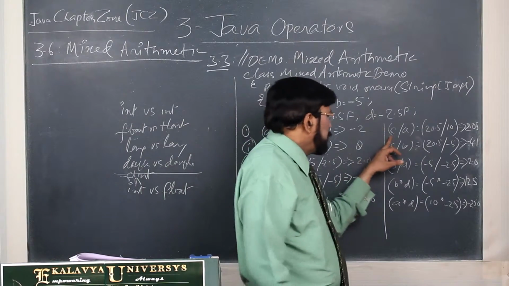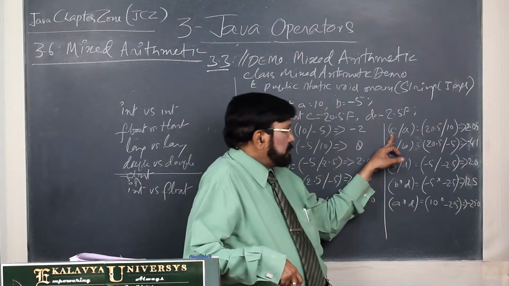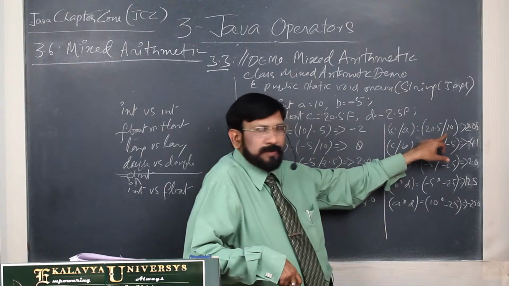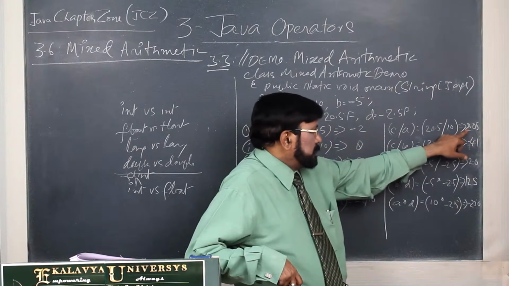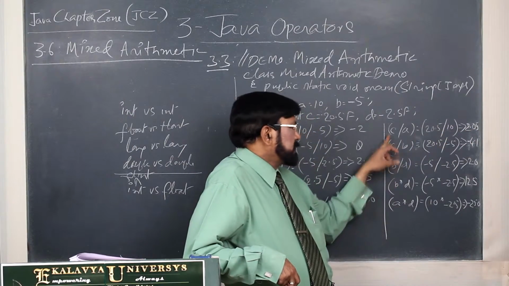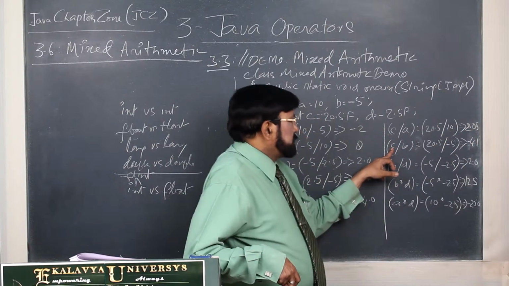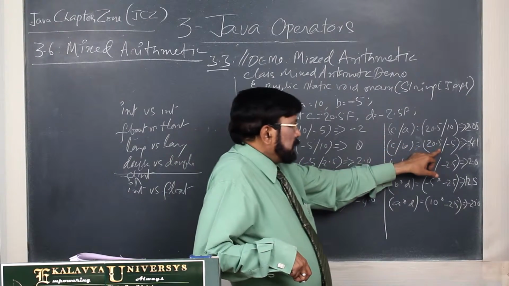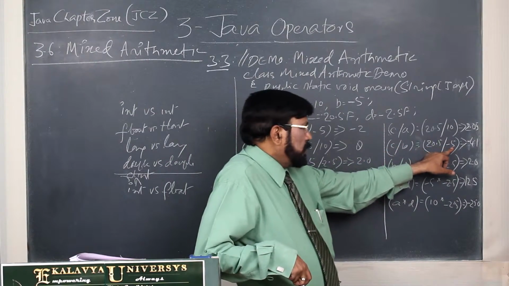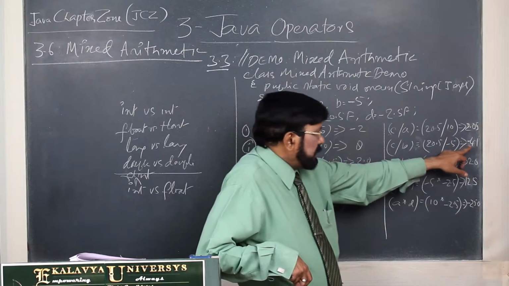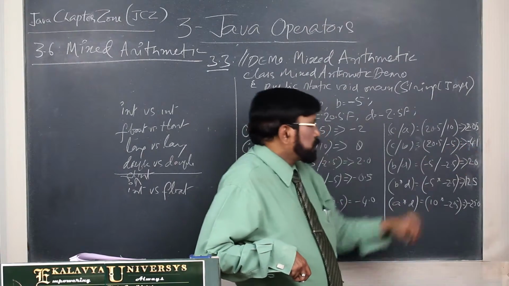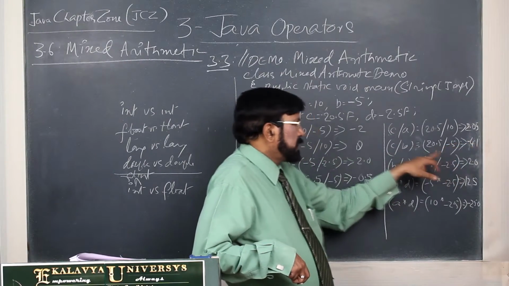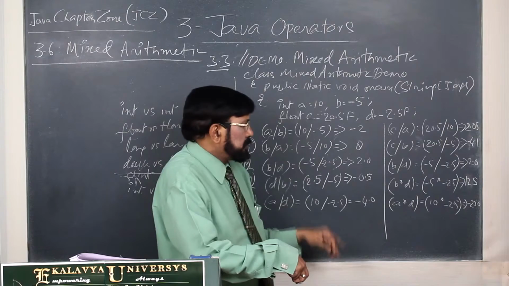Next, C by A. This is also mixed arithmetic, and 20.5 by 10, obviously 2.05. And C by B is float versus int, 20.5 by minus 5, then the result is minus 4.1, and if you multiply minus 5 into minus 4.1, it comes 20.5.